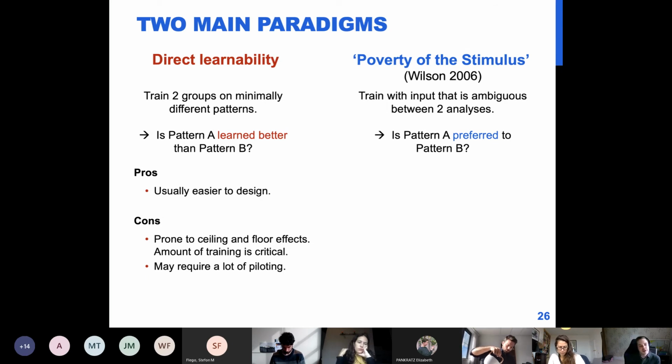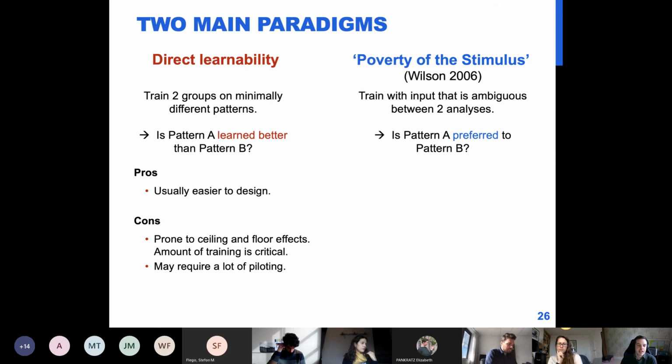A disadvantage of that is that it's really prone to ceiling and floor effects. So the amount of training that you give people is really crucial. The issue is that it's really easy to be in a situation where people learn both patterns well. You give them enough training and they just learn everything.